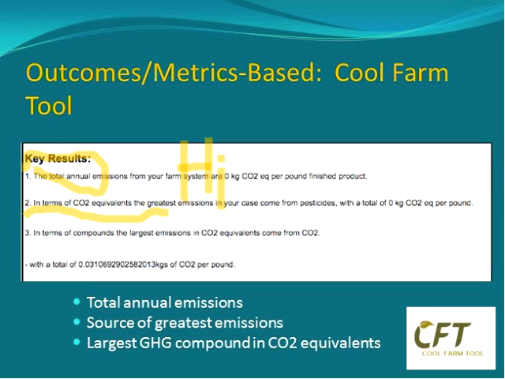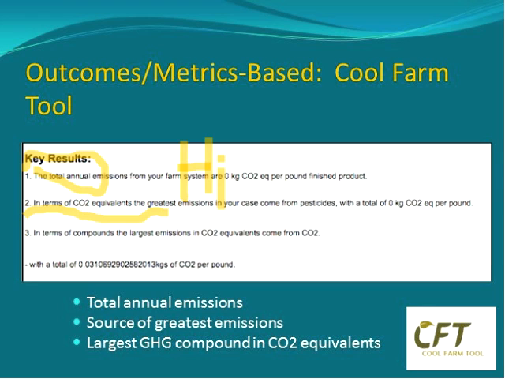So if you are a dairy farmer and you have a lot of cows, you might be producing a lot of methane. So it'll tell you that that's your greatest source of emissions. Or maybe your greatest source of emissions comes from pesticides. So it kind of helps you identify the areas of focus for making improvements in your production system.